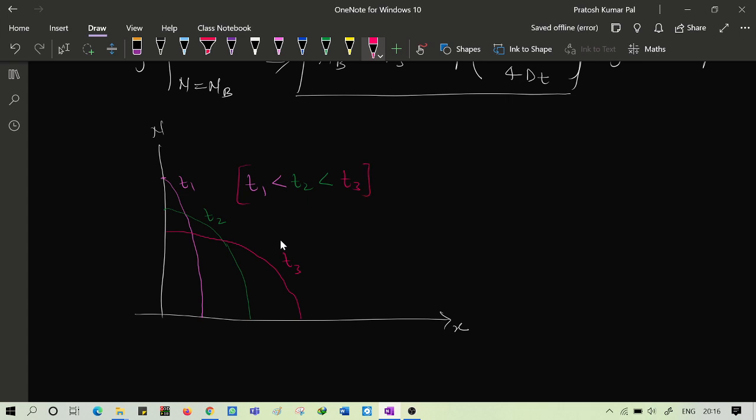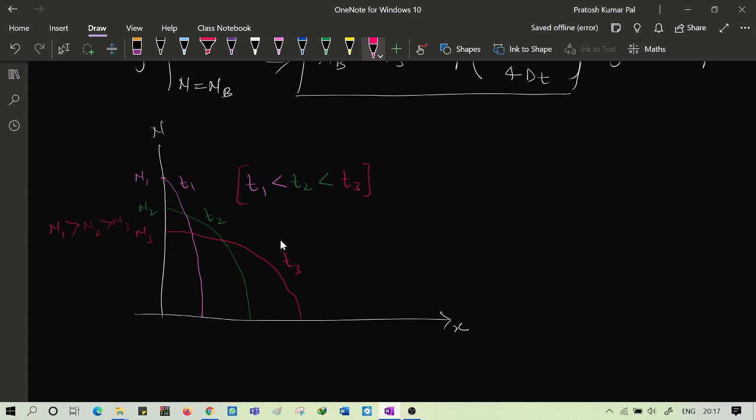If for higher time we make the diffusion, then it will start with, suppose this is n1, this is n2 and this is n3. Then n1 will be greater than n2, which will be greater than n3.